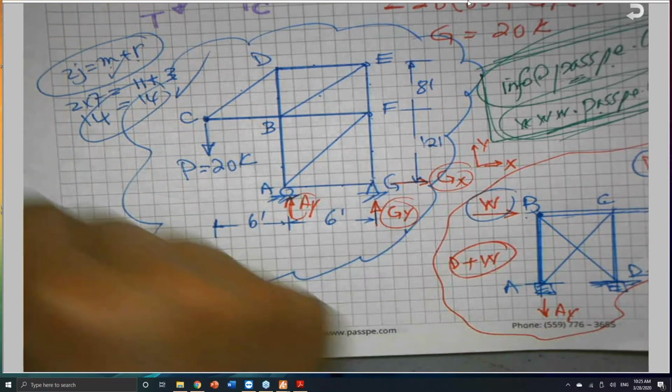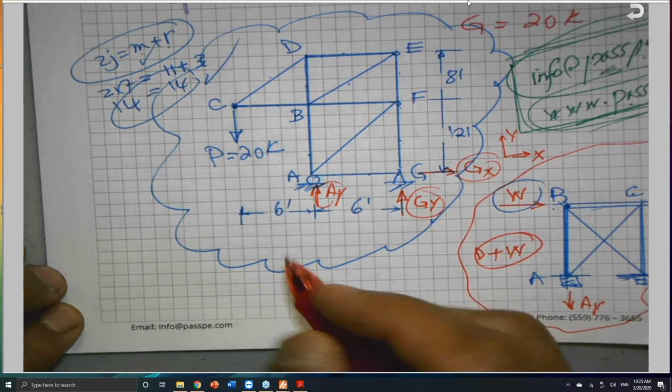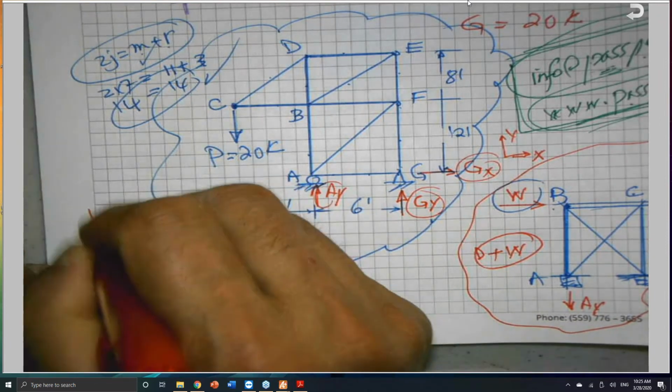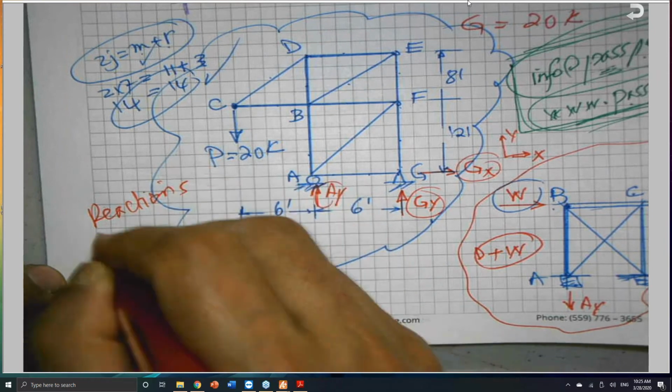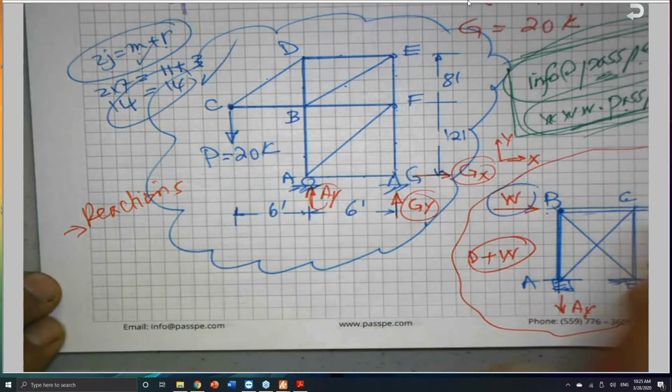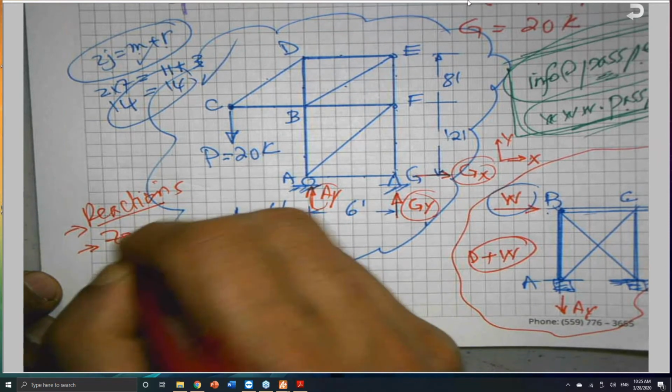For trusses, like this truss here, they might ask you to find reactions, which I don't expect because normally for beams we ask for reactions. Number 2, they might ask you about zero force members.